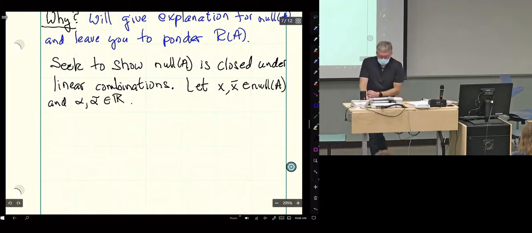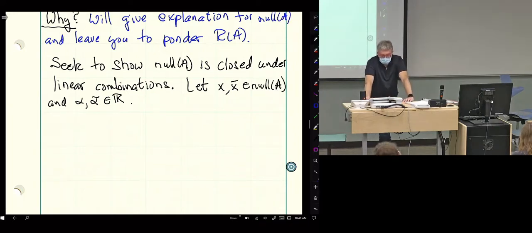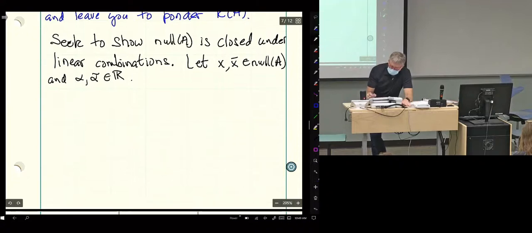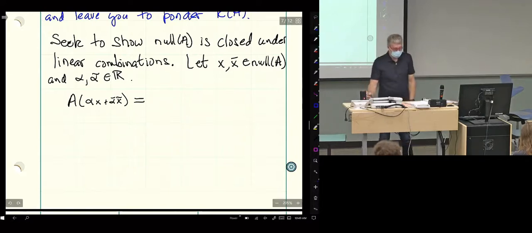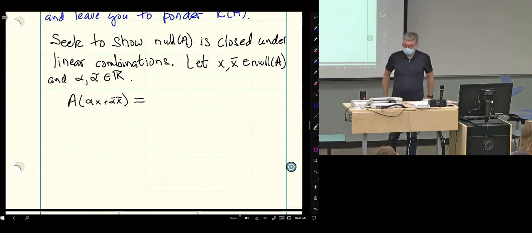You've got to take them in the null space and then take a linear combination of those. They would be in Rm, but we want them to be in the smaller set, null of A. So we just take A and we form the linear combination. And we just need to see that we get the zero vector.